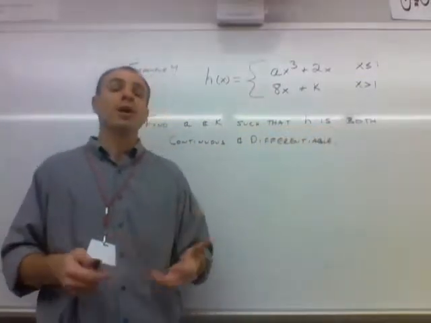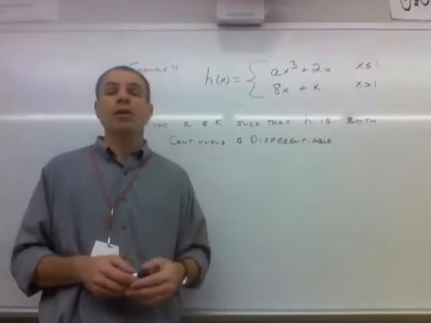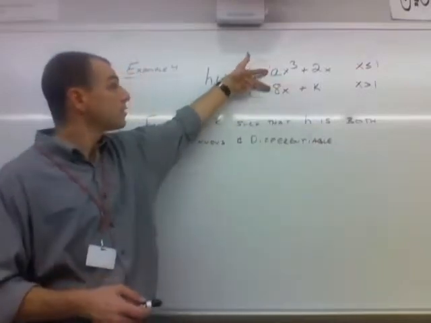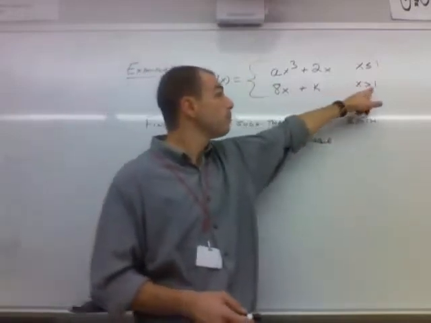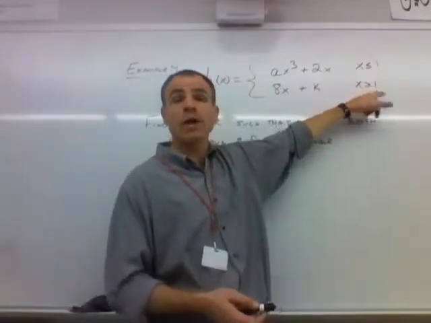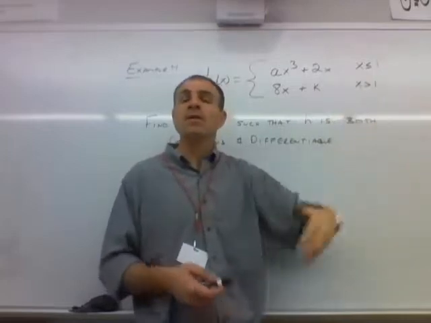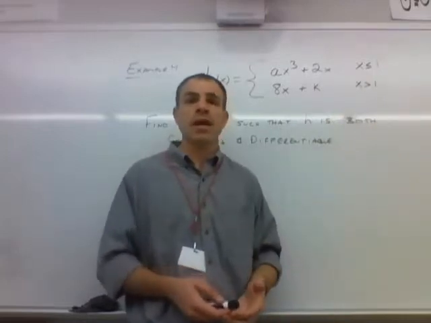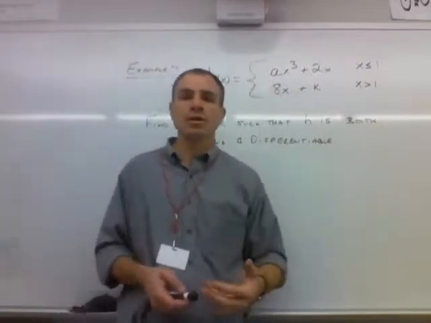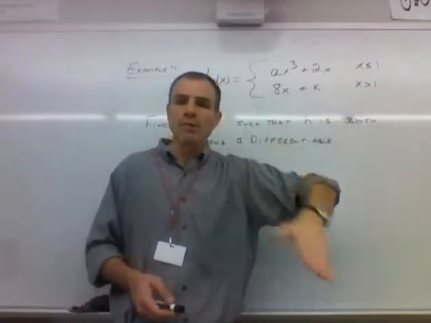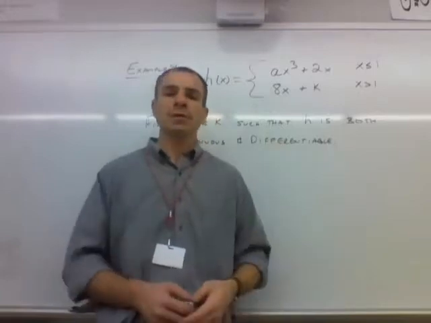So building off of the last video, we know that if the two parts of the function are equal to each other at the value of x where they change over, then the function will be continuous. And if the derivatives of these two functions are equal to each other at the value of x where we swap from one to the other, then the function will be differentiable.